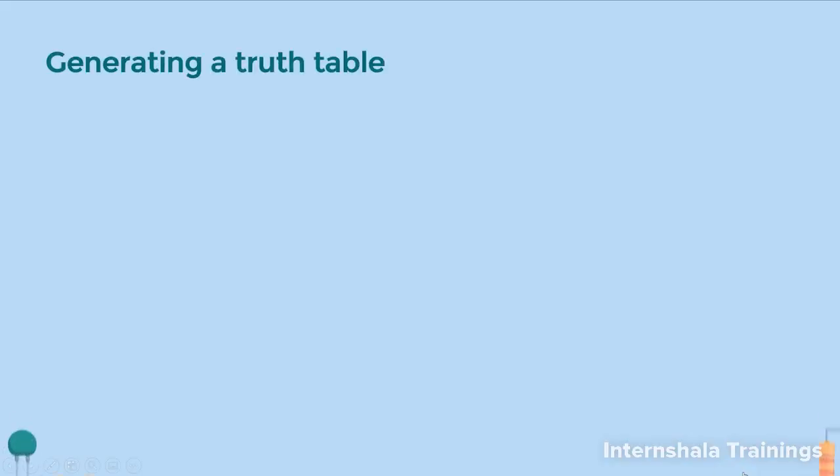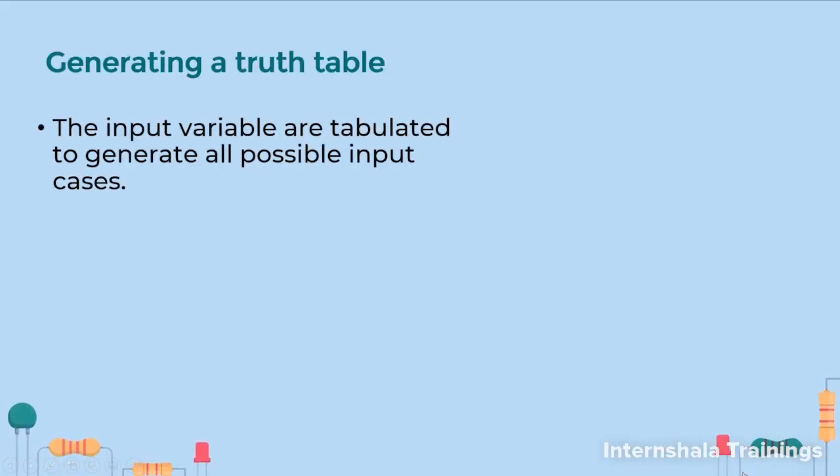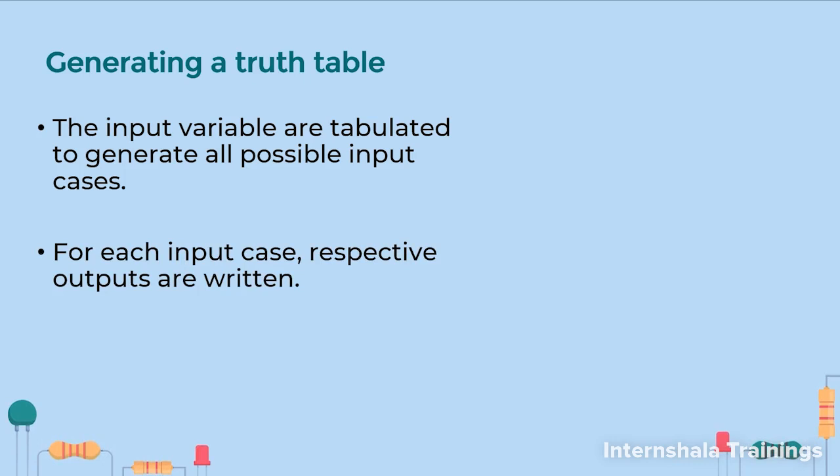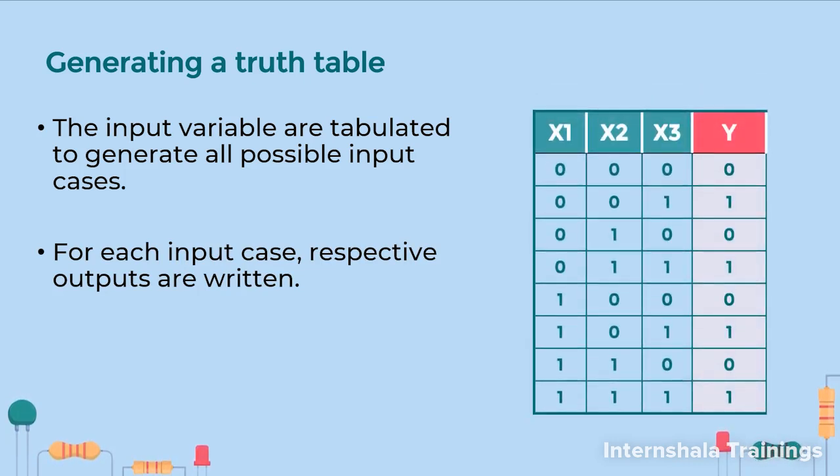Next is generating the truth table from those specifications. So we are going to have input variables. We will tabulate them and generate all possible input cases. The general rule is if you have n number of input variables, you are going to have 2 raised to power n test cases. So for each input case, respective outputs will also be written, and we will have a truth table something like this.